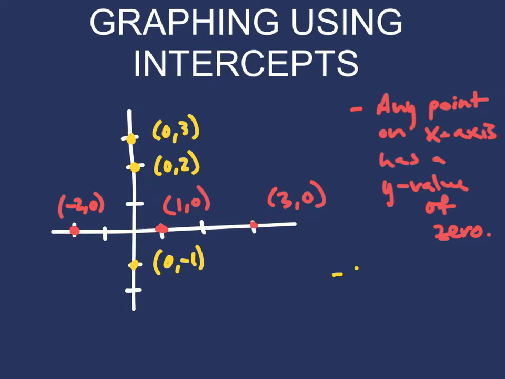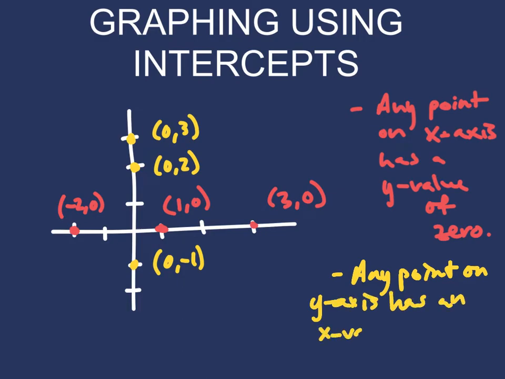That's the opposite. So any point on the y-axis has an x value of 0. At this point, we can use this information to help us graph, and here's an example of how we would do that.